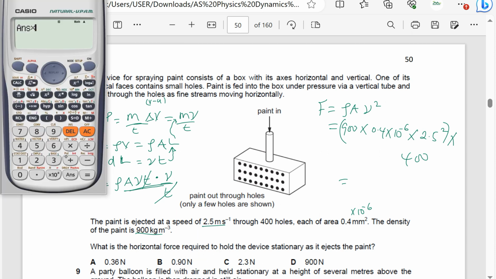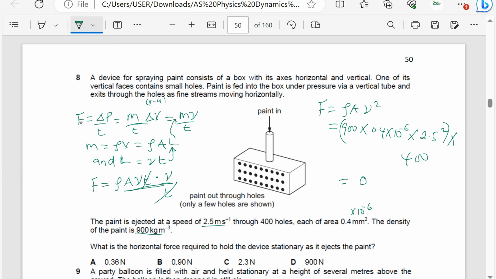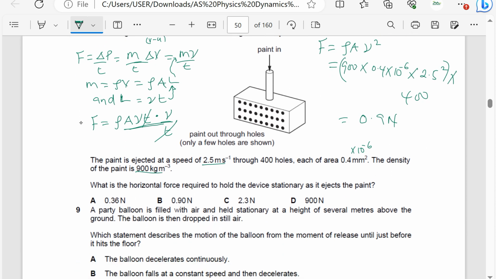So 900 times 0.4 exponent minus 6 times 2.5 squared times 400, which gives us 0.9. So this is 0.9 newtons. So the answer is going to be B.